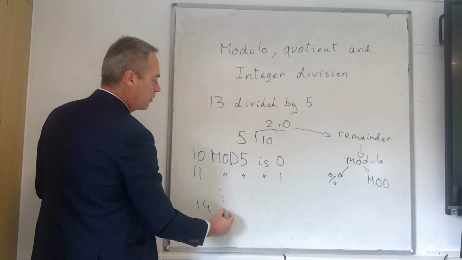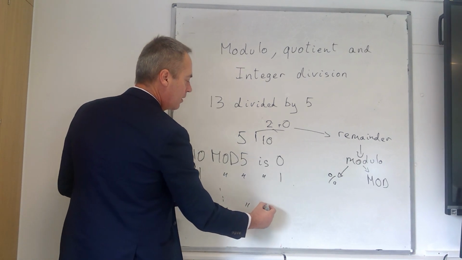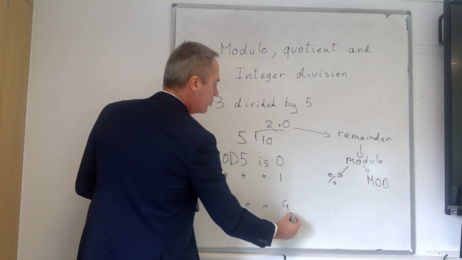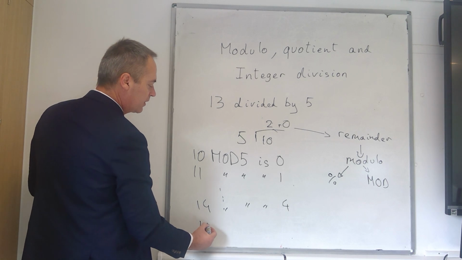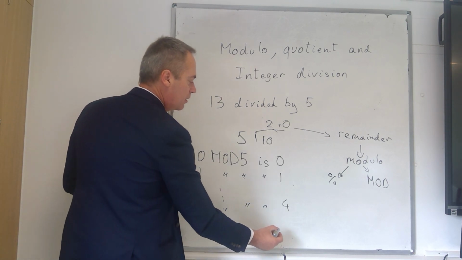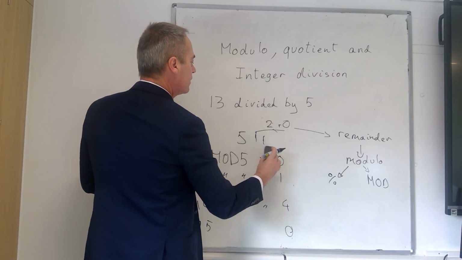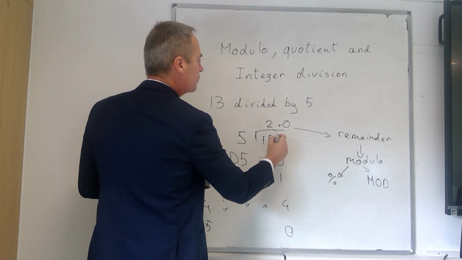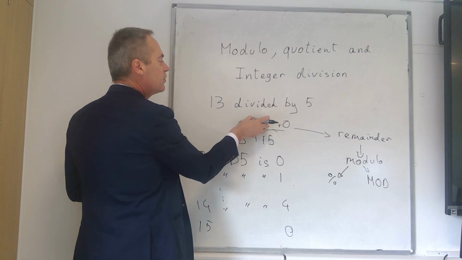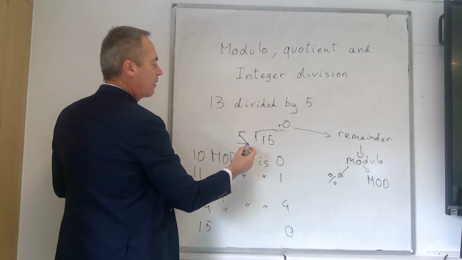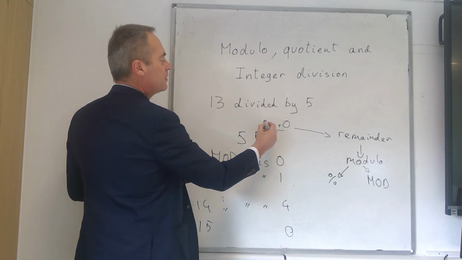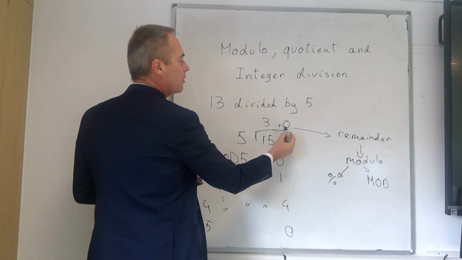14 mod 5 will give you the biggest value you would get, because once you get to 15, you go back to 0. If you do the old integer division, how many times have you got 5 inside 15, you got it 3, remainder 0.